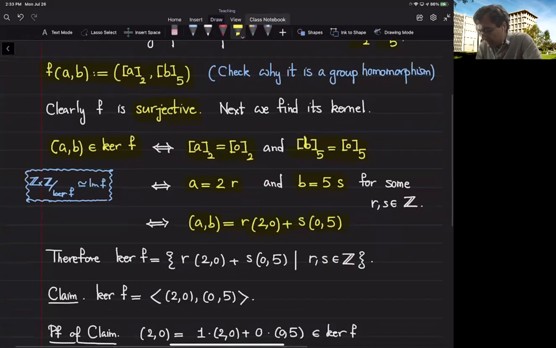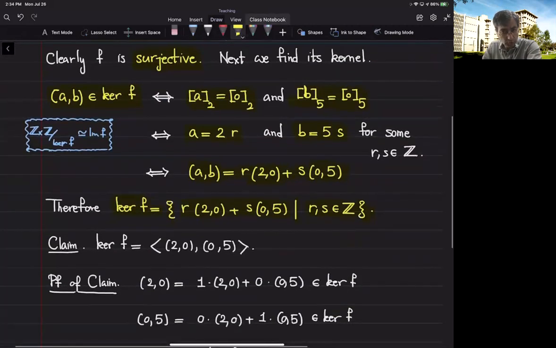So this argument implies that the kernel of F consists of all the vectors that are integer linear combinations of 2 comma 0 and 0 comma 5. In particular, 2 comma 0 and 0 comma 5 are in the kernel of F, and so the subgroup generated by these two vectors is a subset of the kernel of F.